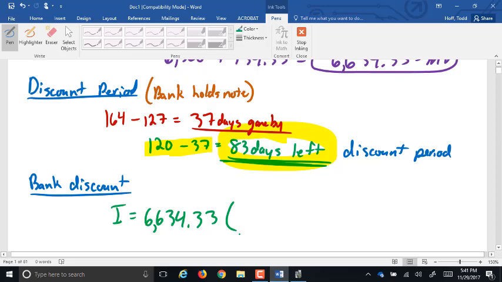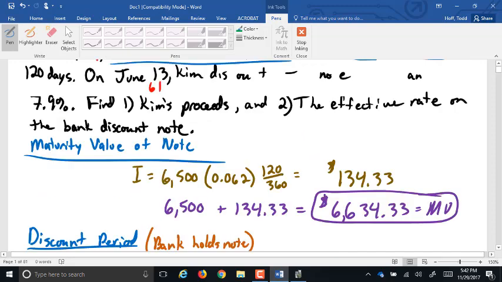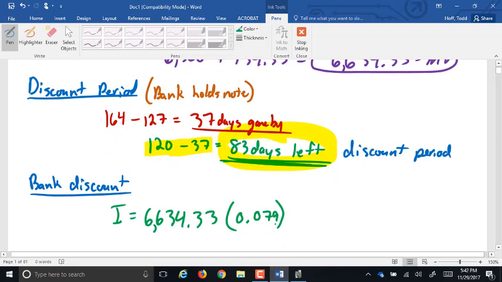Yeah, because that's what they're actually borrowing against. The original note is going to end up at that amount, and that's what they're borrowing against to the bank. The bank was, what, 7.9%, so 0.079. Just to make sure, 7.9%, yep. And that's times 83 days over 360.